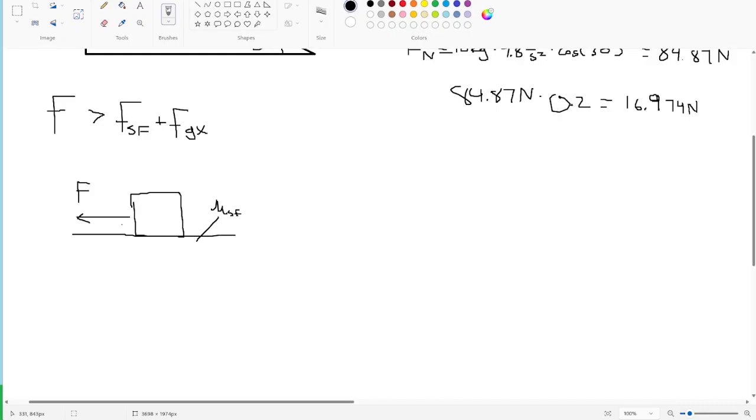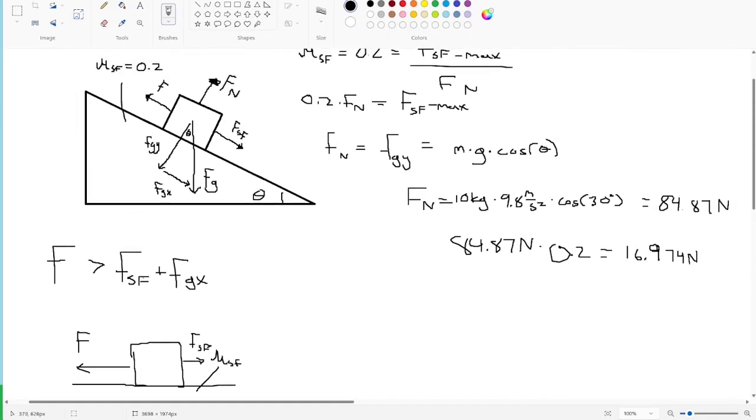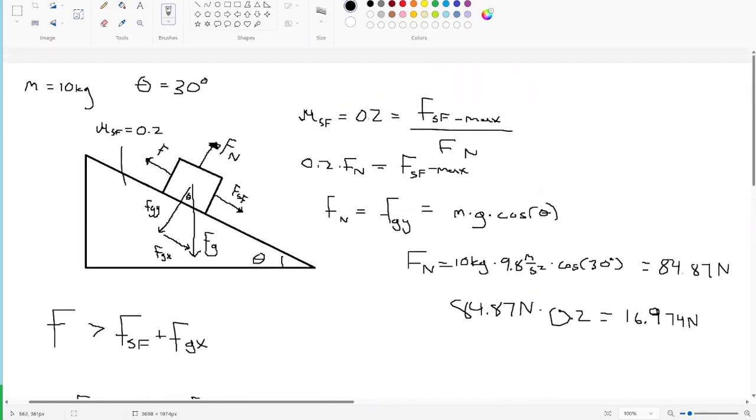You're going to pull it with some kind of force to overcome the force of static friction. Now imagine this again. You pull this same object on a ramp that is inclined. It's going to be slightly harder because you're going to have this part of the force of gravity going in this direction.